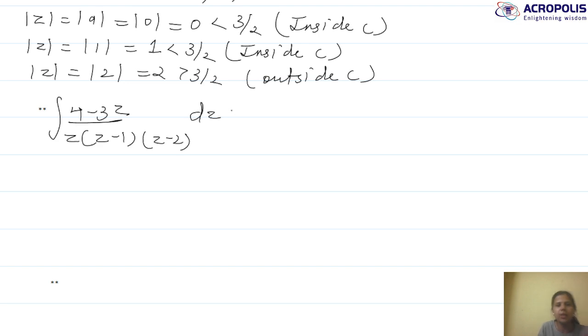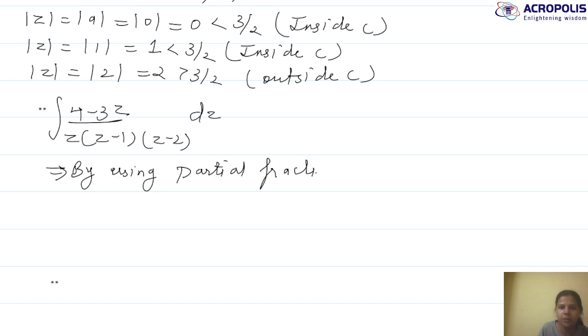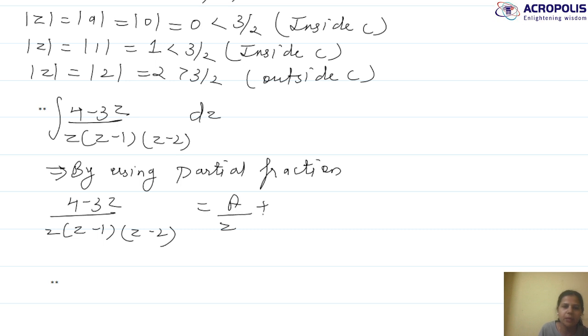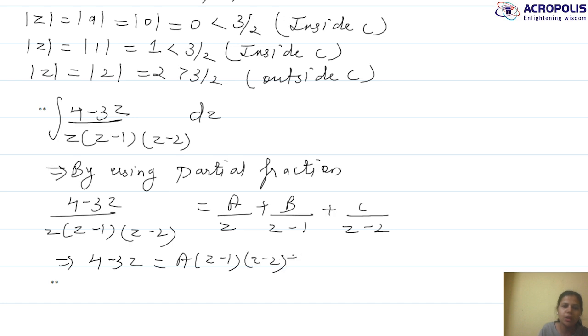First we need to separate it by using partial fractions. So (4 minus 3z) upon z(z minus 1)(z minus 2) equals A by z plus B by (z minus 1) plus C by (z minus 2), and we have to simplify, that is 4 minus 3z equals A(z minus 1)(z minus 2) plus B z(z minus 2) plus C z(z minus 1).